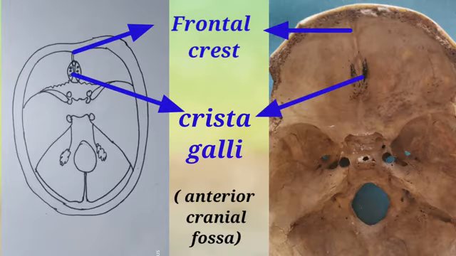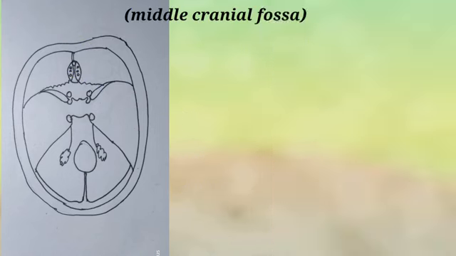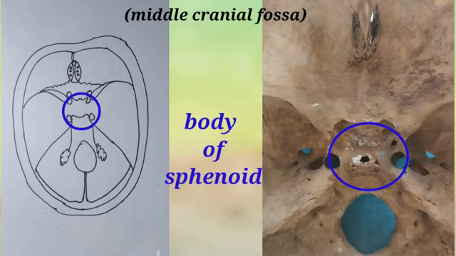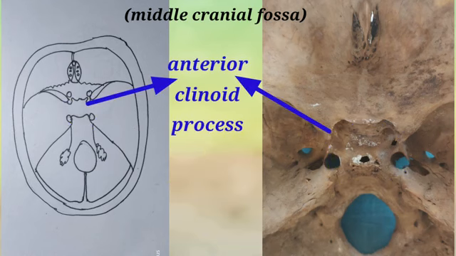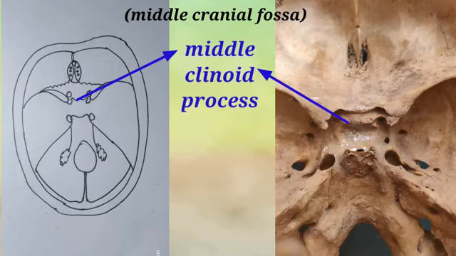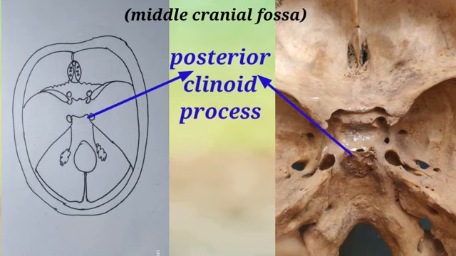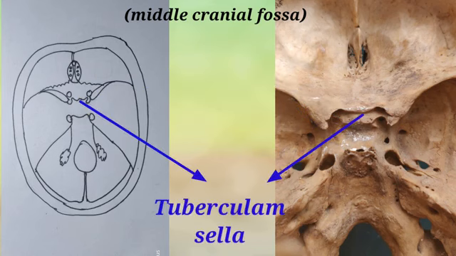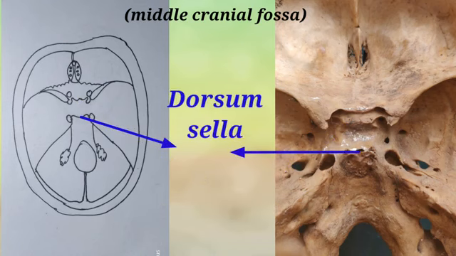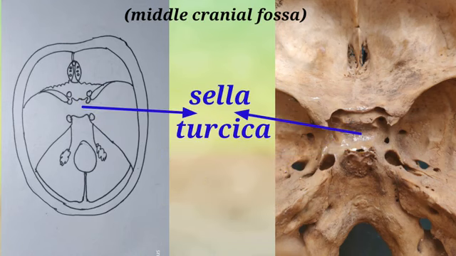Frontal crest of the frontal bone, the crista galli of the ethmoid bone, and in the body of the sphenoid, this is the anterior clinoid process, middle clinoid process, posterior clinoid process, tuberculum sellae anteriorly, dorsum sellae posteriorly, and sella turcica.